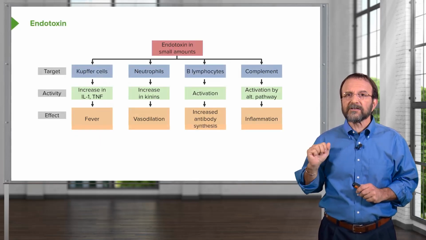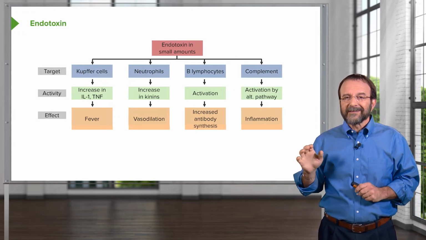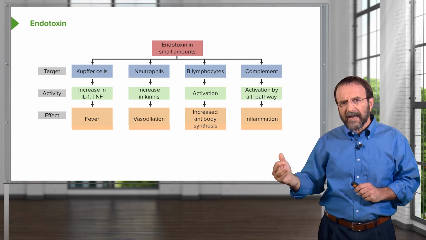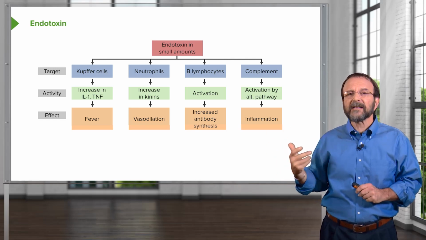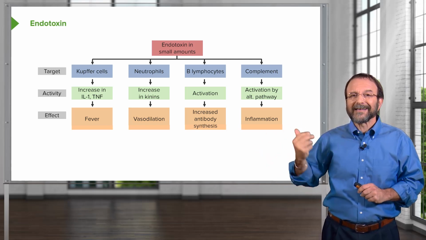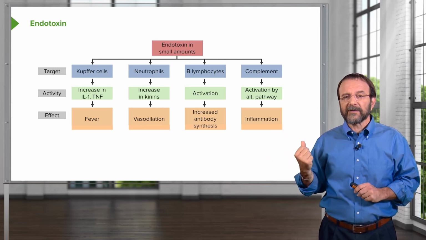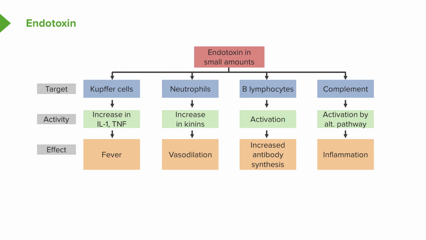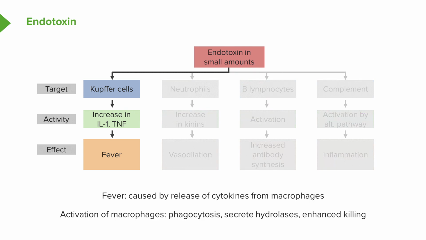So at low concentrations of endotoxin, there are a variety of effects, many of which reflect the attempts of the immune system of eliminating the bacterial infection. So let's take a look at some of these. You can see the 4 different targets here and the ultimate activities and effects of endotoxin. At low concentrations, endotoxin targets Kupffer cells, macrophages of various sorts.